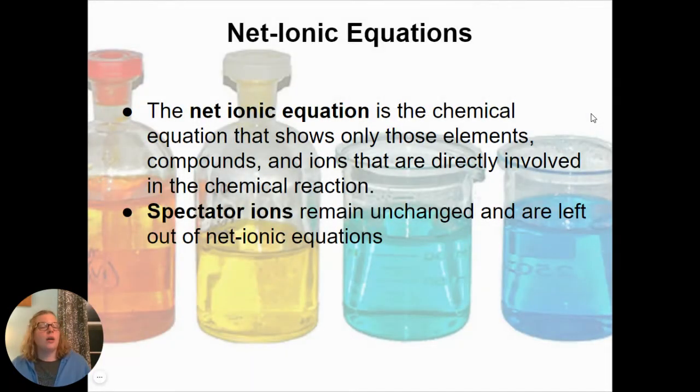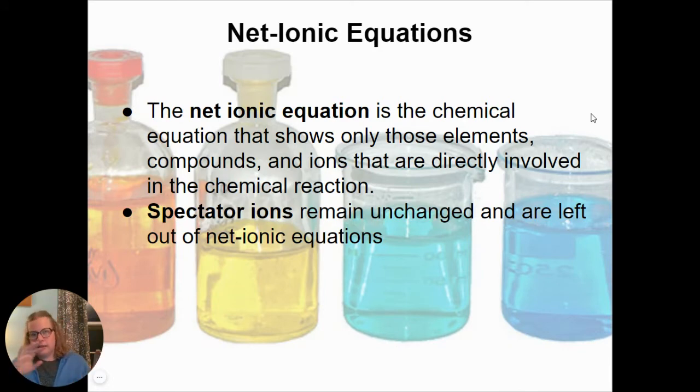So when we talk about a net-ionic equation, it's a chemical equation that shows only the elements, compounds, and ions that are directly involved in a chemical reaction and are actually going through the change process. And you might say to yourself, but when I look at a chemical reaction, all of it's changing.